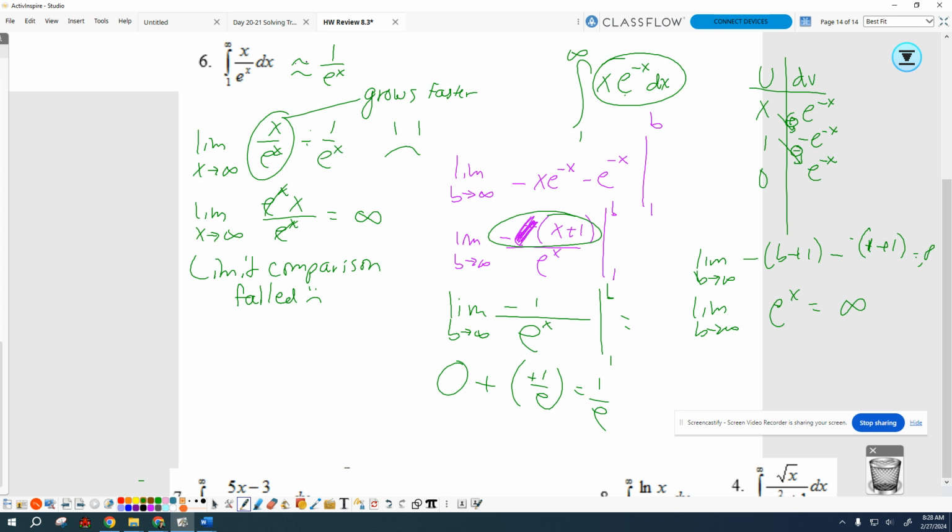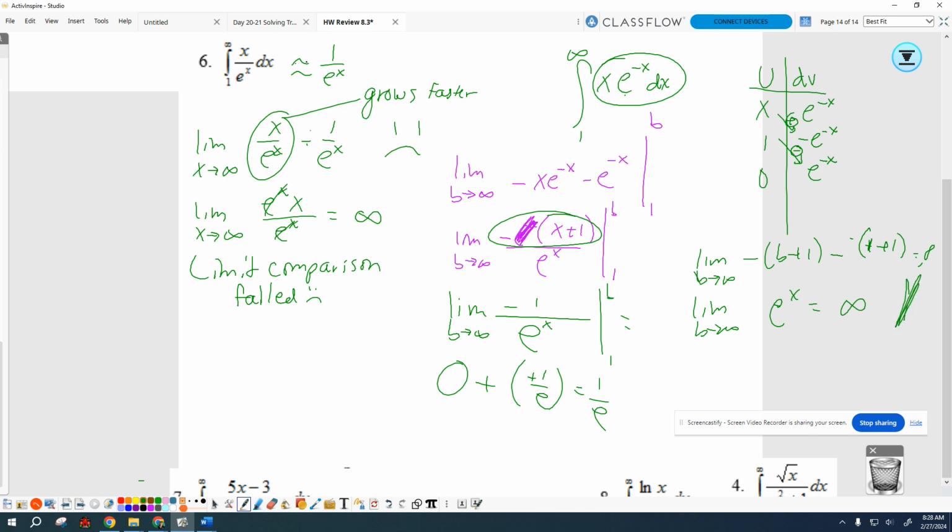Is there any way you could have done direct comparison, just because you know that x over e to the x is always going to be bigger than 1 over e to the x? If I want a direct comparison, I need something above that. Oh, yeah. Sorry. Hannah, what did you do with the input?